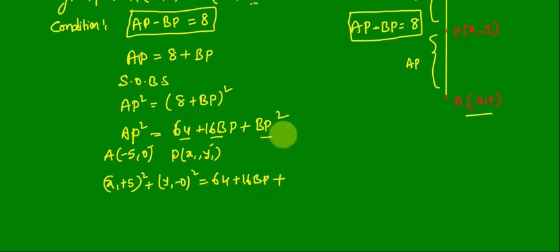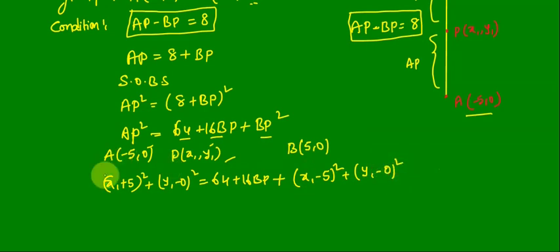Now BP square, the distance between B and P. See, what are the B points here? (5, 0), and P we know is (x1, y1). So we will substitute in the distance formula, that is (x1 minus 5) whole square plus (y1 minus 0) whole square.